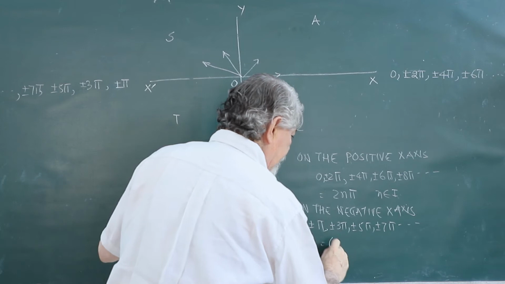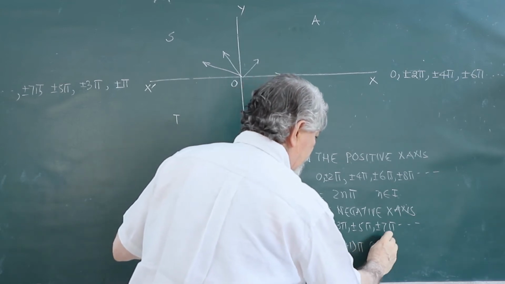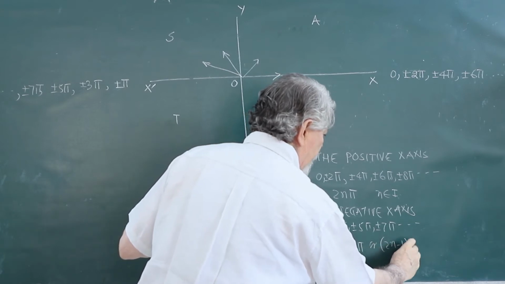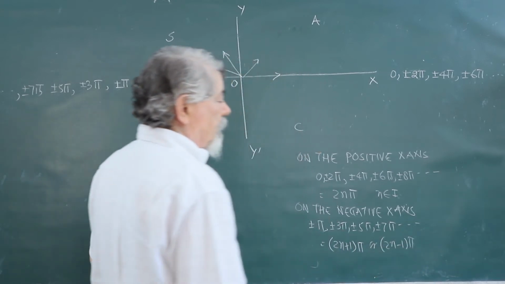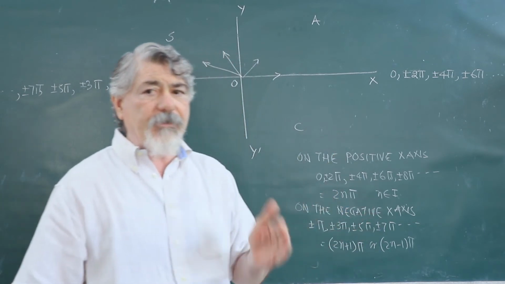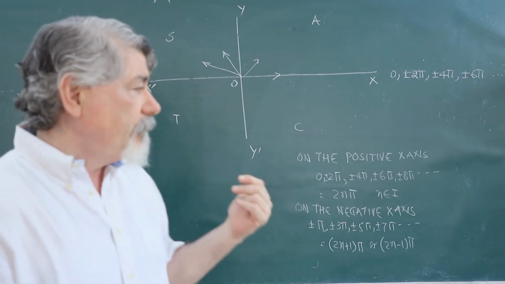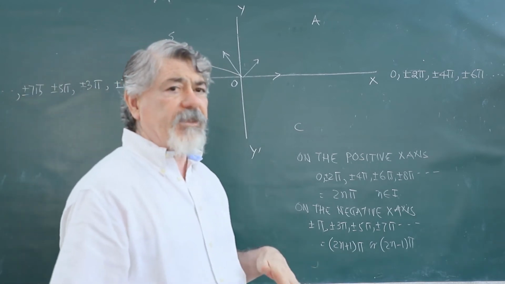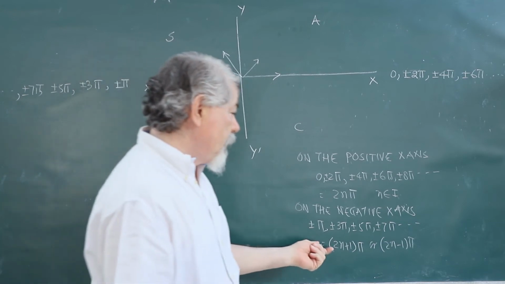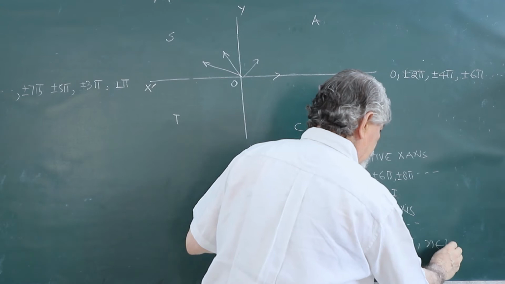That means you are getting (2n plus 1) pi, or you can write even (2n minus 1) pi. Both are odd multiples. Whether you add 1 to an even number or subtract 1 from an even number, you will get an odd number. So here n belongs to I.